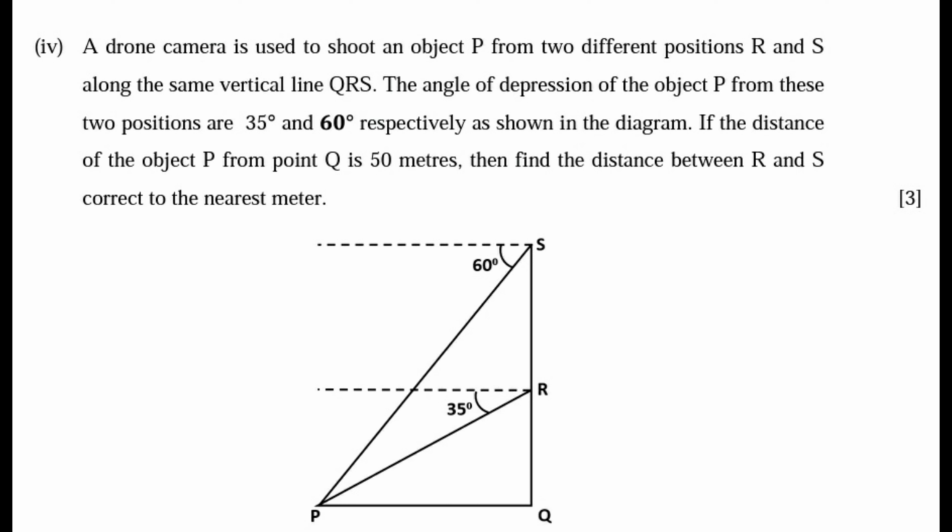The angle of depression of the object P from these two positions are 35 degree and 60 degree respectively, as shown in the diagram. If the distance of the object P from point Q is 50 meters, then find the distance between R and S, correct to the nearest meters.